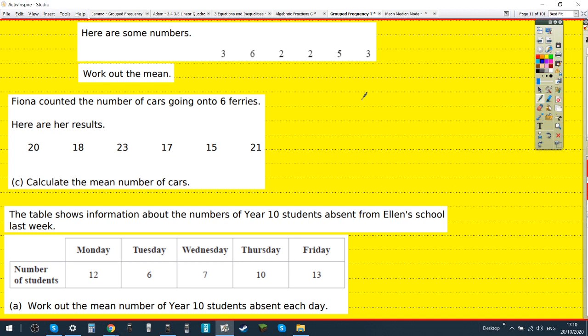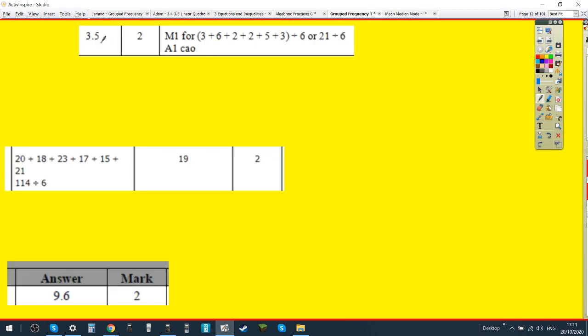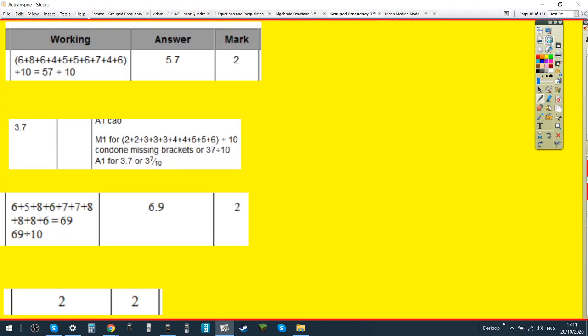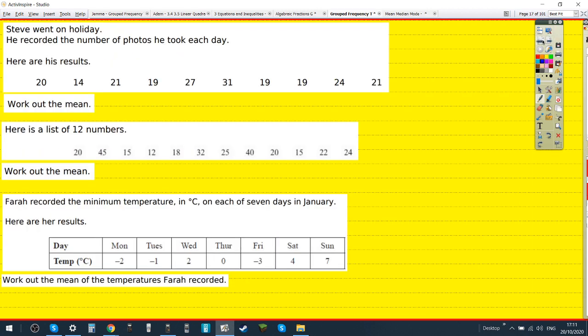So I have to add the numbers. And so do you know how you find the mean? Yeah. How do you do it? So you have to add up all the numbers and divide by how many numbers there are. Yeah. And so what would you divide by for the first one? 6. So you divide by 6 and you get 3.5. That's all right. You'd be fine there. Mean. It's all right. Looks all good.